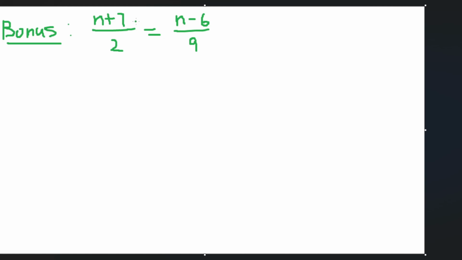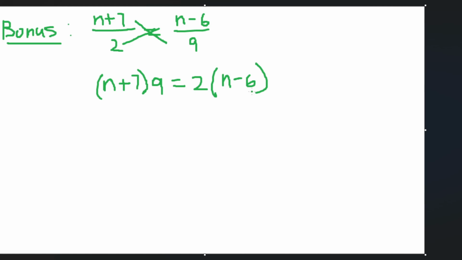So if we cross multiply this way, we get the n plus 7 in parentheses times the 9. And then we set that equal to the 2 times, in parentheses, n minus 6. So here it would be easiest if we distributed.